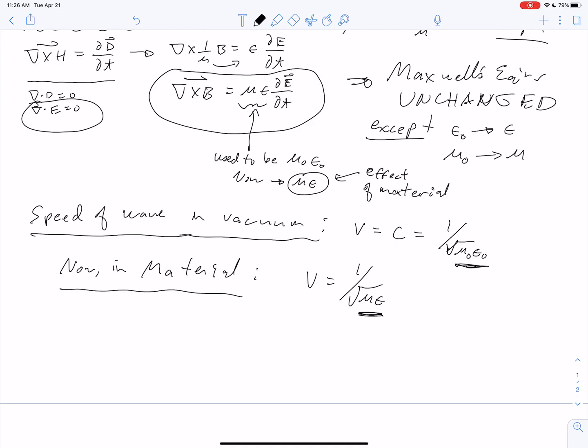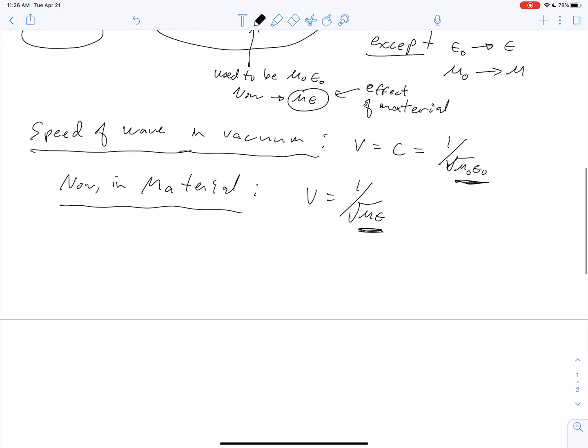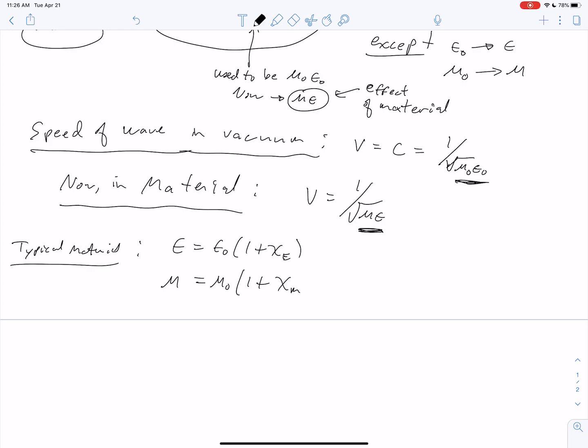Now let's think about that for a minute. That's very profound, because in a typical material, epsilon is equal to epsilon naught times 1 plus chi e, the electric susceptibility, and mu, the magnetic permeability, is mu naught times 1 plus chi m.